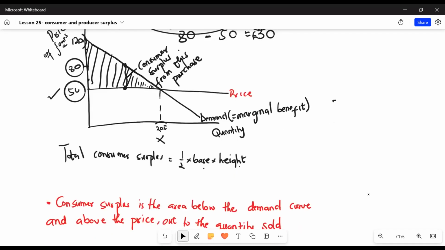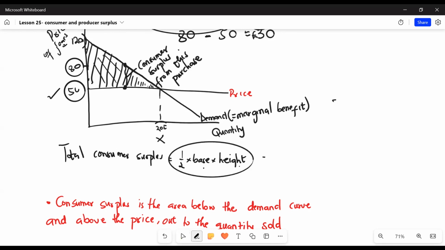So to calculate our total consumer surplus, we just need to find the area of this triangle. Now we know that the area of a triangle can be found by using the formula half base times height. So let's use that to calculate our total consumer surplus.